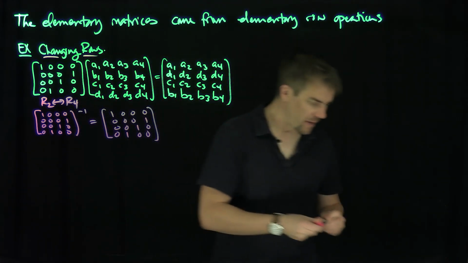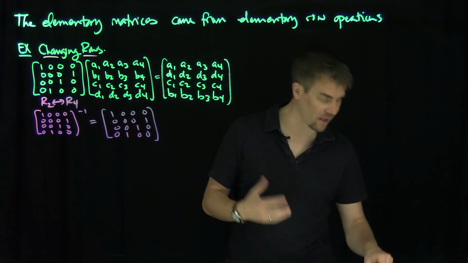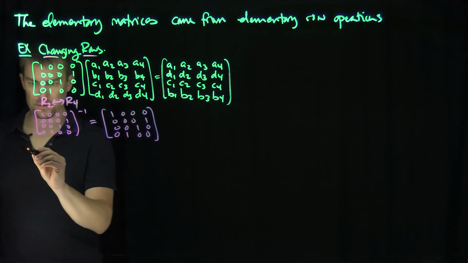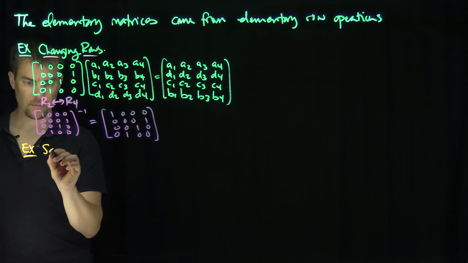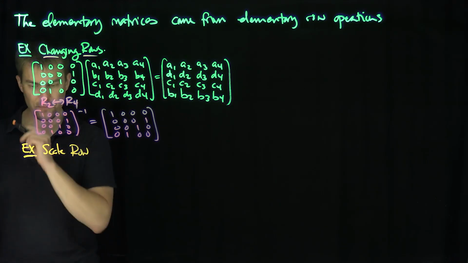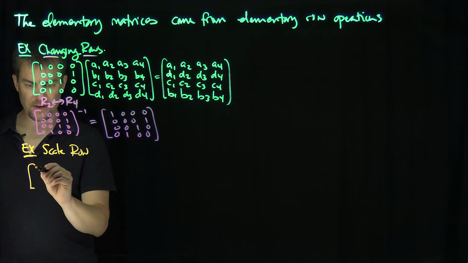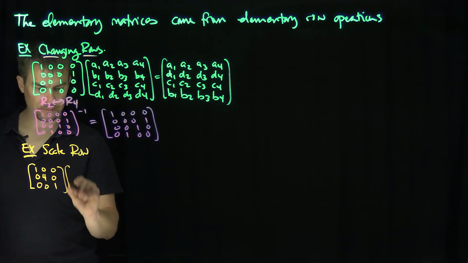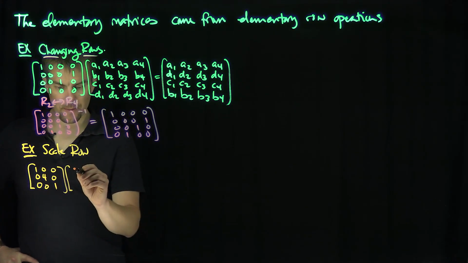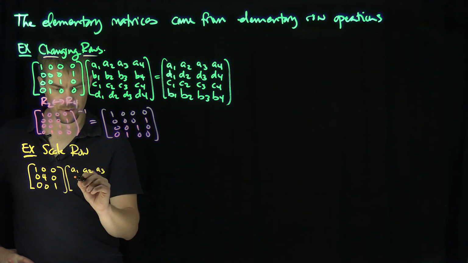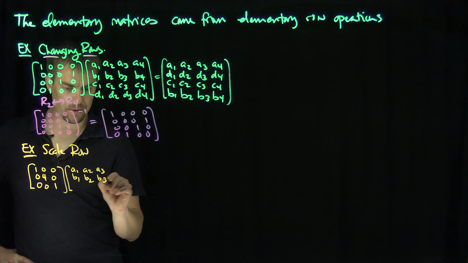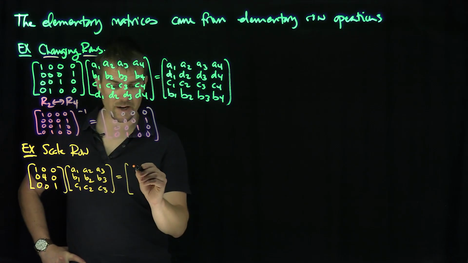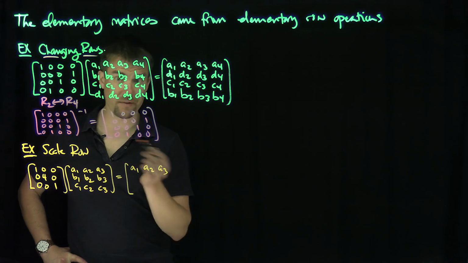And that's one example. Another elementary row operation: we can change rows, we can also scale rows, right? So if I want to scale rows, let's do a simple example. If I had 1, 0, 0, then 0, 4, 0, and 0, 0, 1, and I wanted to hit that with my matrix A1, A2, A3, B1, B2, B3, C1, C2, C3, we can quickly see that the first row is not going to change, A1, A2, A3, nothing's changed there.